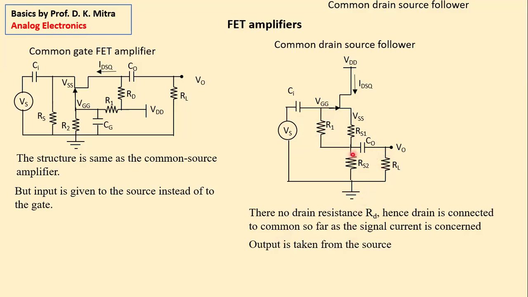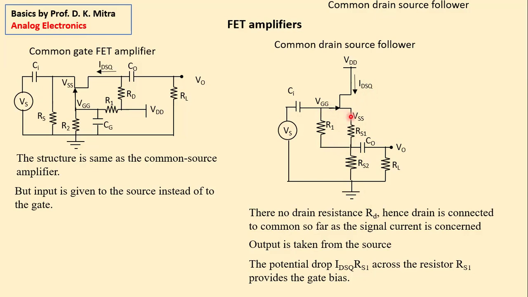Output is taken from the source, and a potential drop IDS times RS1. Since it is connected from here to here, the potential difference between this point and this point is the potential drop across RS1. So in your design, if you have designed IDSQ like we had designed at 3.5 milliampere, then 3.5 milliampere multiplied by this RS1 will provide the necessary potential gap here, which in our design is minus 0.6 volt. So that is all, right?